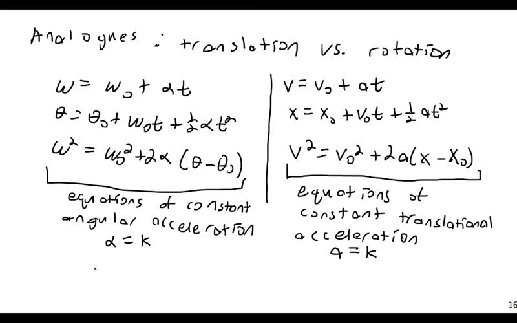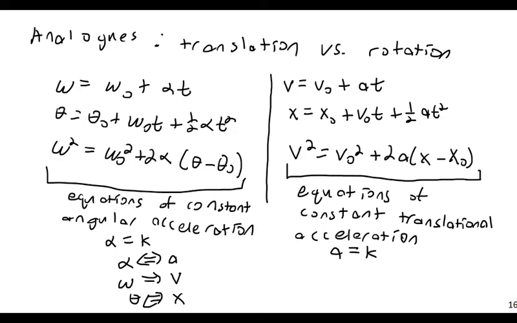So I can say that alpha is analogous to a. Omega is analogous to v, and theta is analogous to x, or delta x, whatever you want to say.